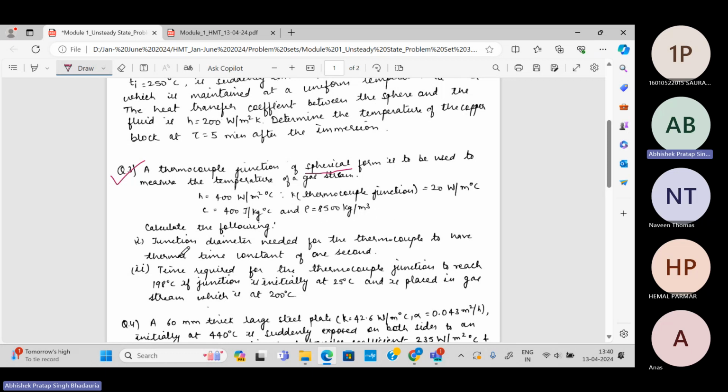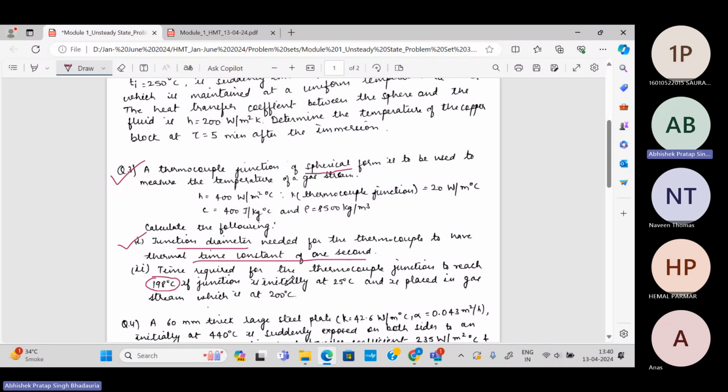Now we have to calculate two things. First, the junction diameter needed for the thermocouple to have a thermal time constant of 1 second. Second, we have to determine the time for the thermocouple junction to reach 198 degrees Celsius, if the junction is initially at 25 degrees Celsius and is placed in a gas stream at 200 degrees Celsius.